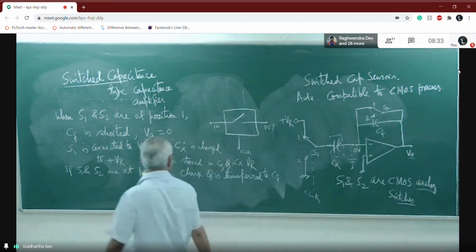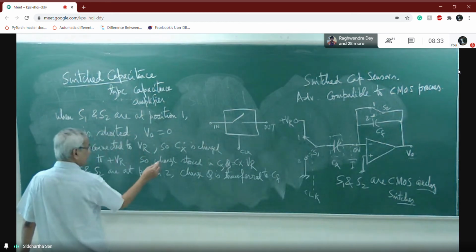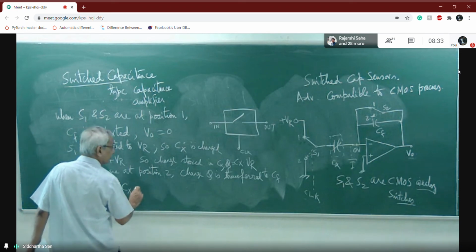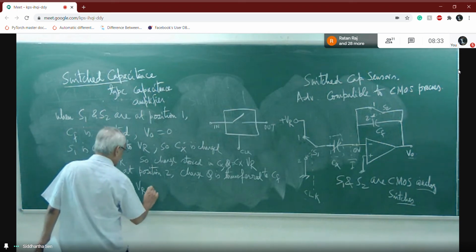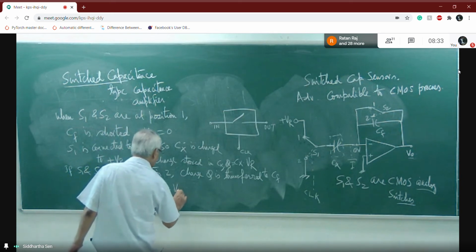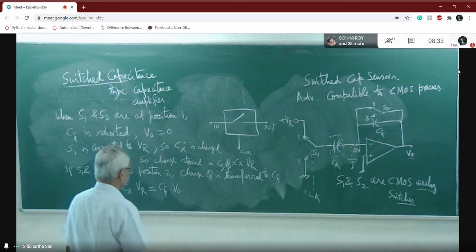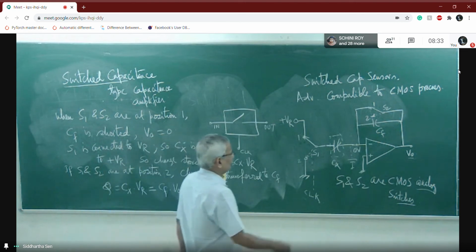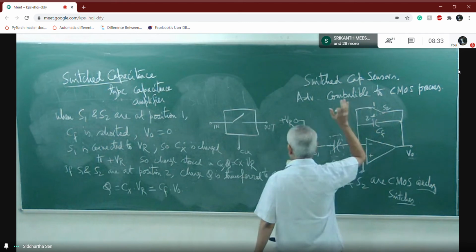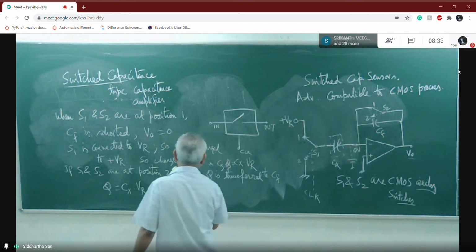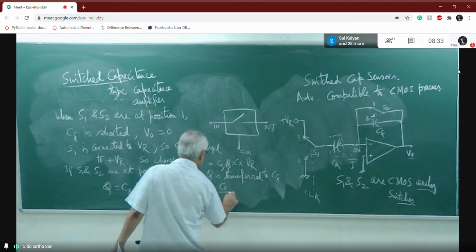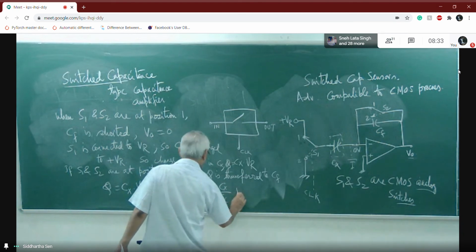So we can say what is the relationship, what is the charge? Q is equal to Cx into VR, that is equal to Cf into V0. That is the charge stored across the Cf. So whole charge goes over here. And so we have V0 is equal to Cx by Cf into VR.